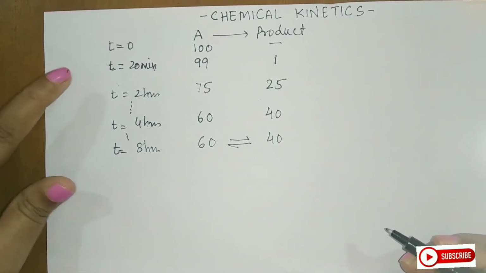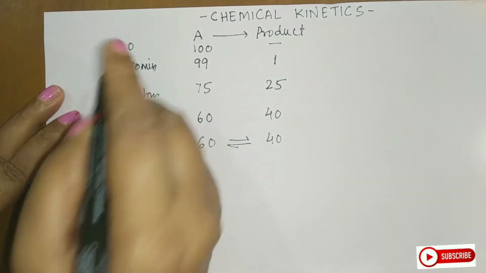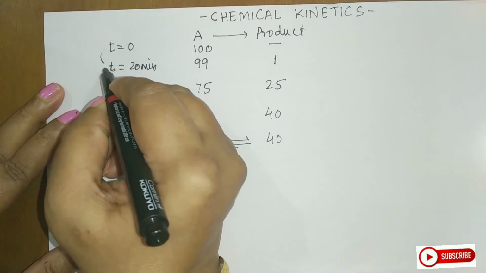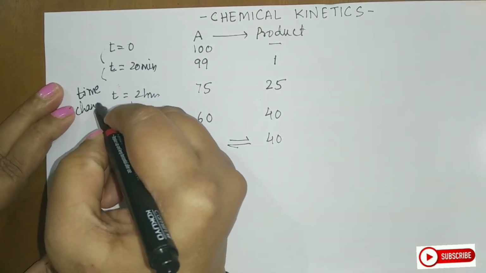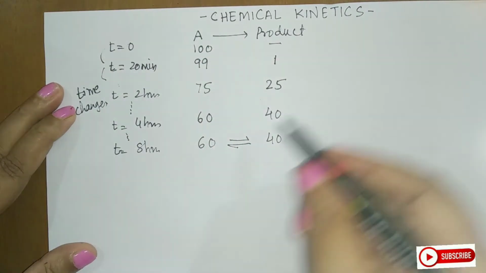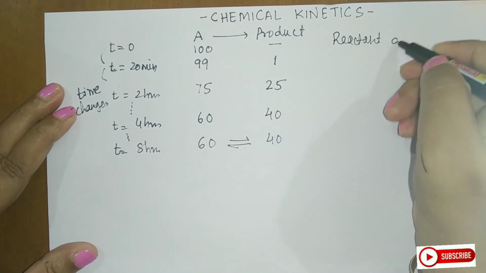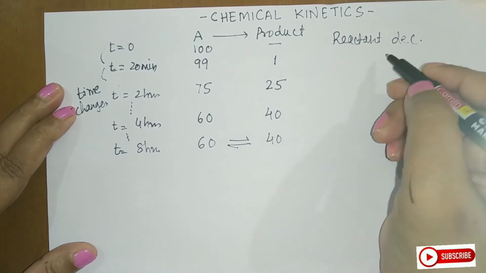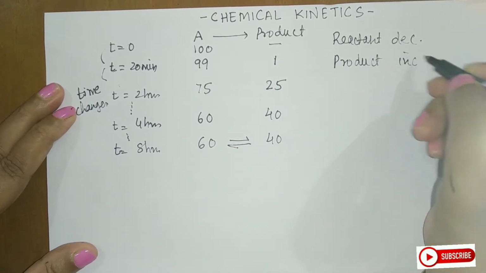Now students, when you observe this experiment, one thing which is changing is time. As the time changes, the concentration of the reactant decreases while the concentration of the product increases.